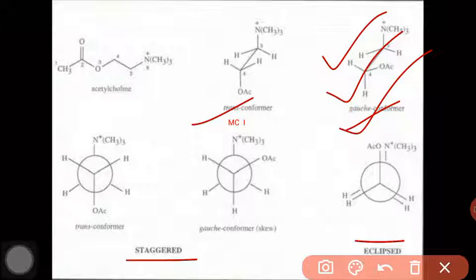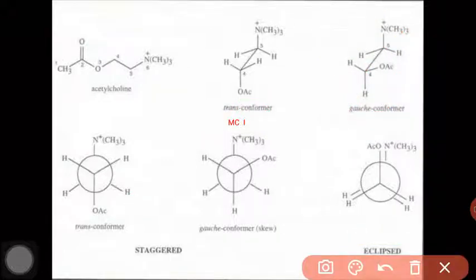This is not preferred, this is completely not preferred, whereas this is the only conformation which is preferred, even though it is very less stable.